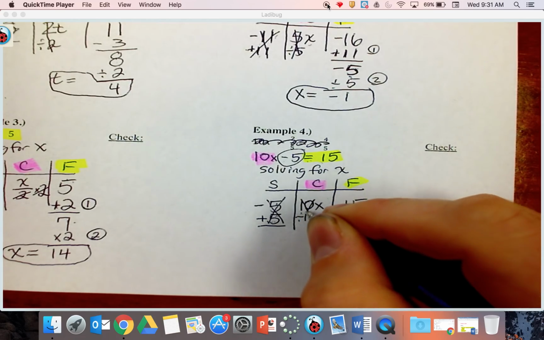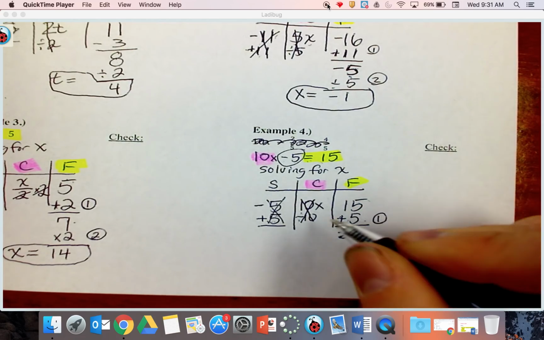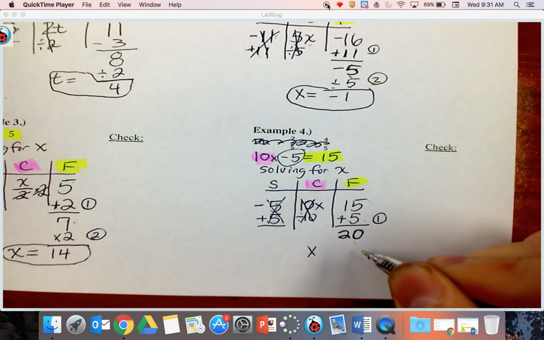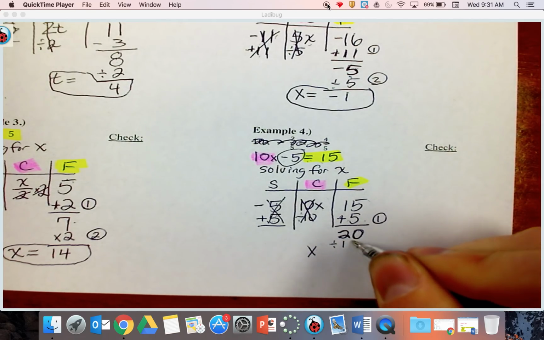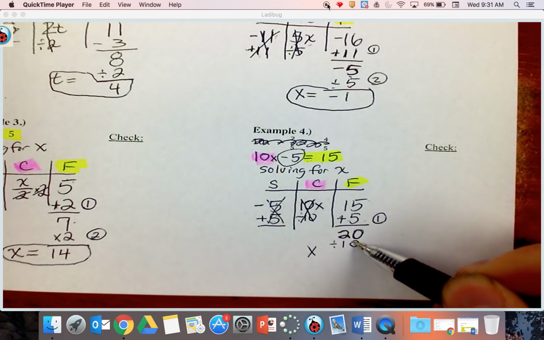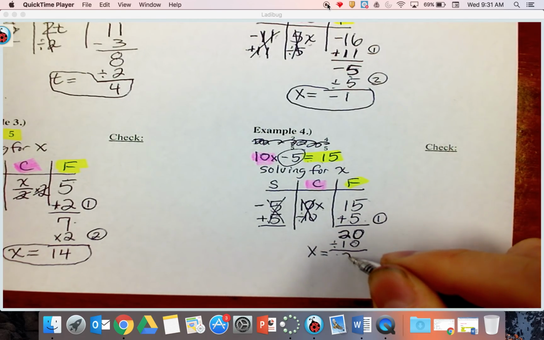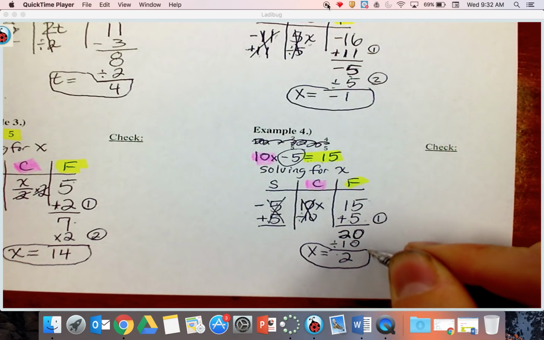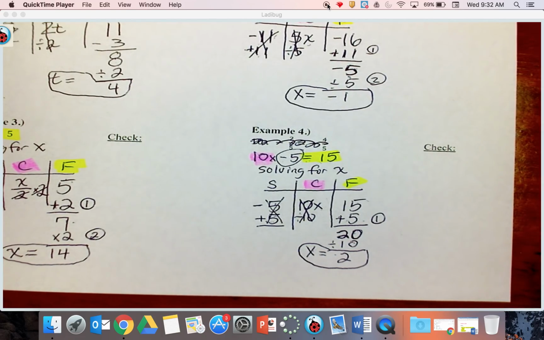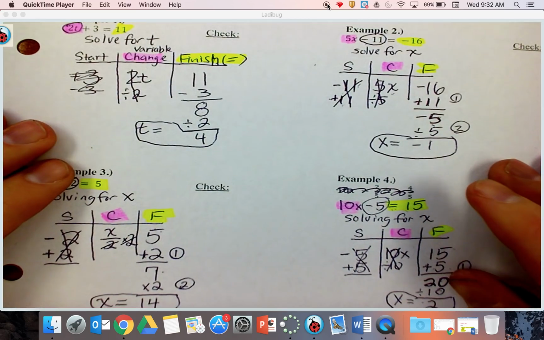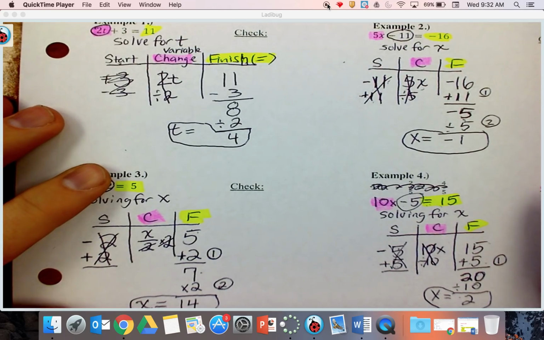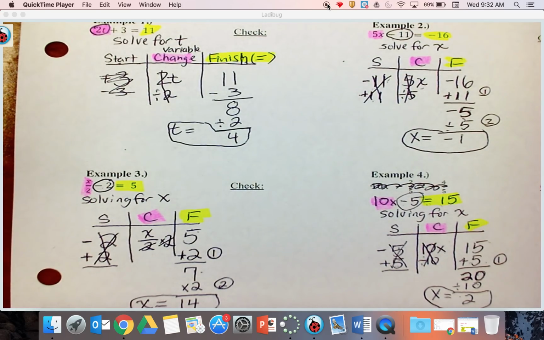These 10s go away, they cancel out. So all I'm left with is an x. And if I divide this side by 10, remember I moved this 10 over to my finish, I end up finding my x is going to be equal to 2. 10 goes into 20 2 times. So I have completed 4 examples here using my organizer with 2-step equations.